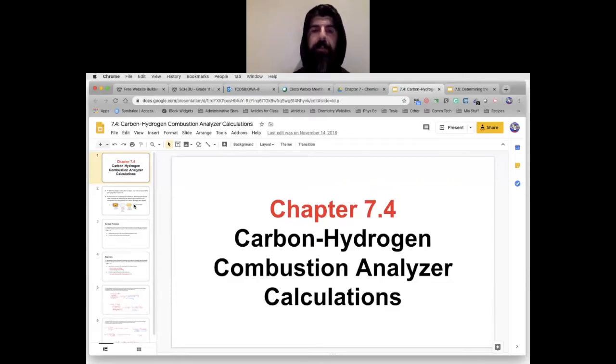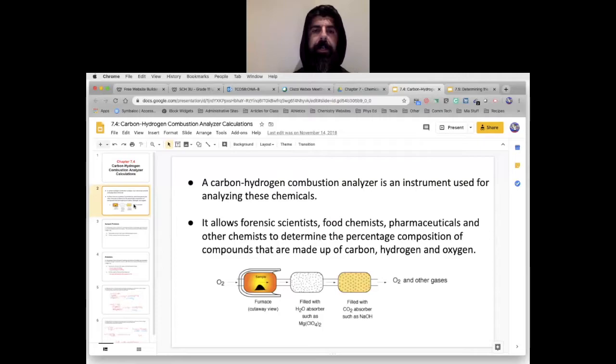What is a carbon hydrogen combustion analyzer? First off, this carbon hydrogen combustion analyzer is an instrument used for analyzing these types of chemicals, carbon and hydrogen. So what you have is some kind of furnace where you're going to burn in the presence of oxygen. And you've got these water absorbers, and you've got these carbon dioxide absorbers.